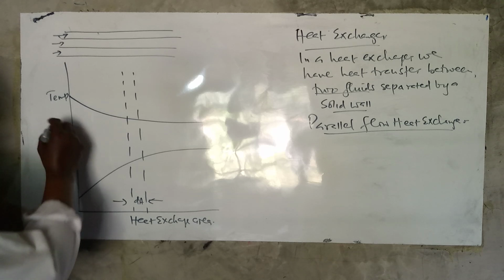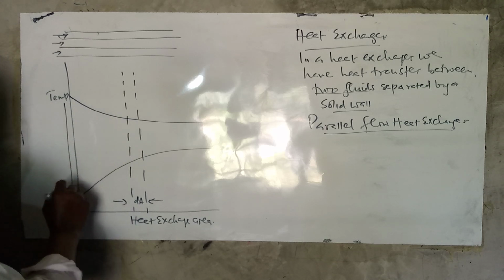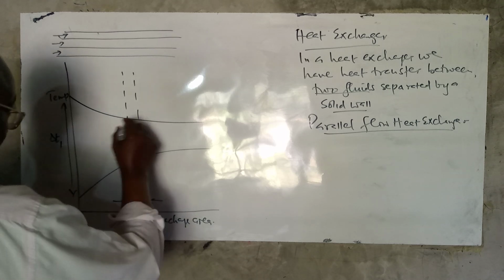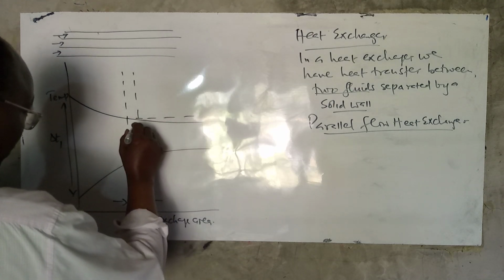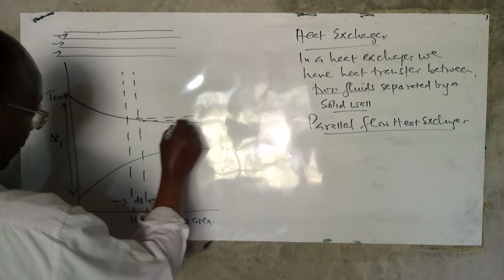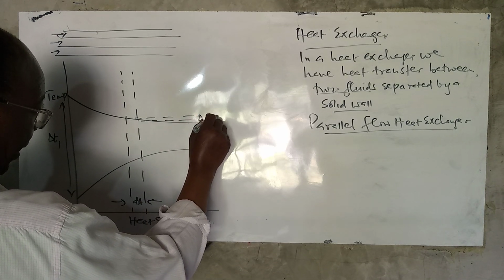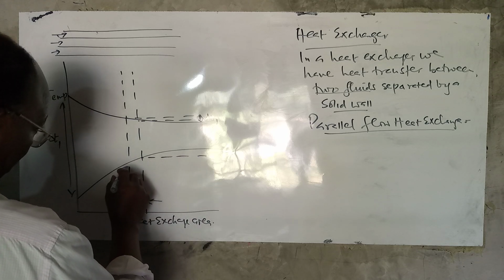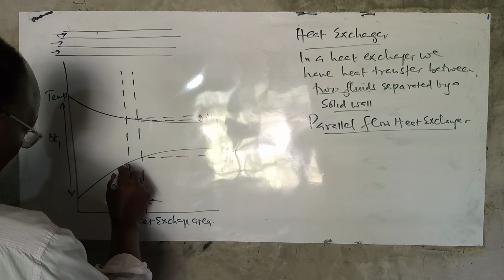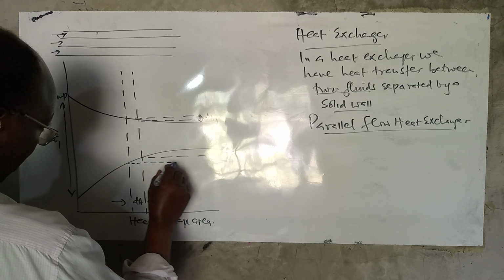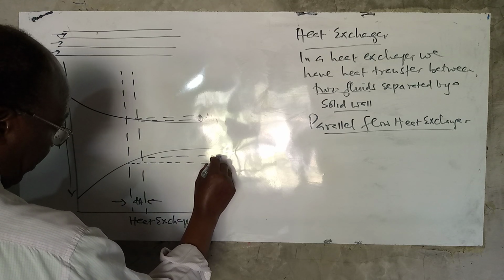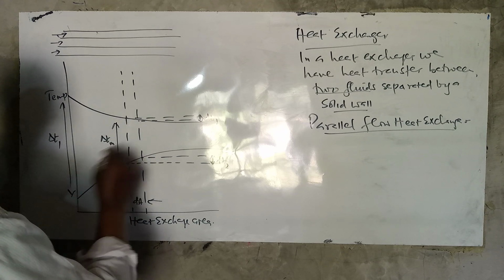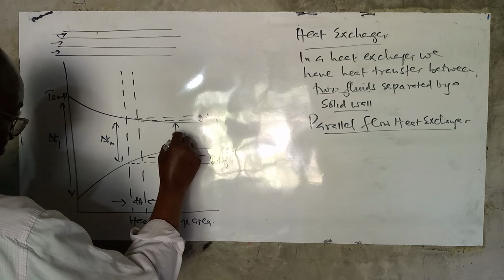So here, the initial difference T1, T2, the mean temperature, the outlet.